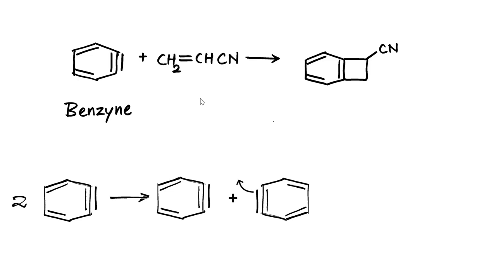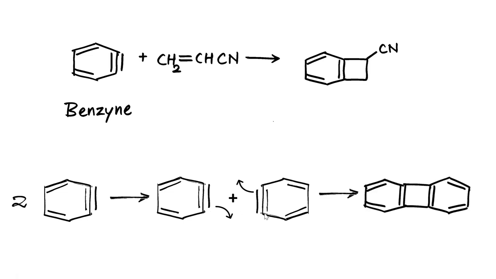These electrons will shift here and make a new sigma bond between the two benzynes, and this electron from one benzyne will shift here and make a new bond between these two carbon atoms. So you will get a cyclization reaction, meaning cyclic compound formation takes place. It's called an electrocyclic reaction, or simply a dimerization reaction.